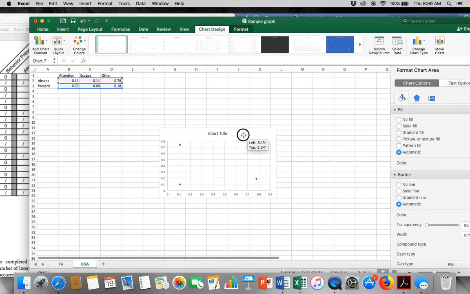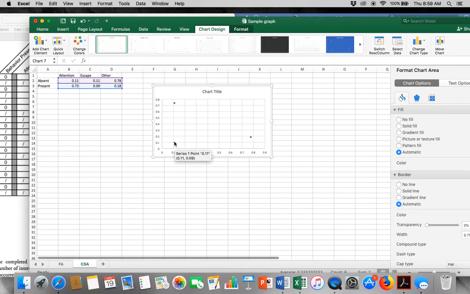Okay, all right, so as you can see, at this point, which is actually our escape condition point, we have the absence, which is the first point, 0.11, and then the presence of the behavior is 0.09.